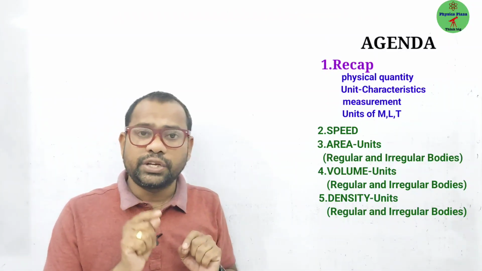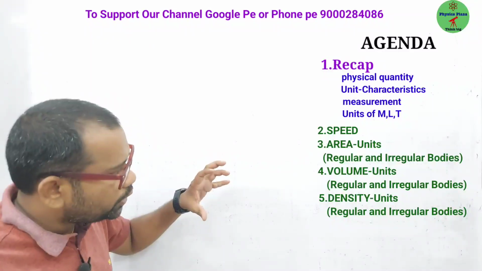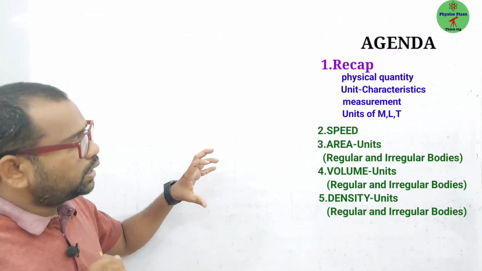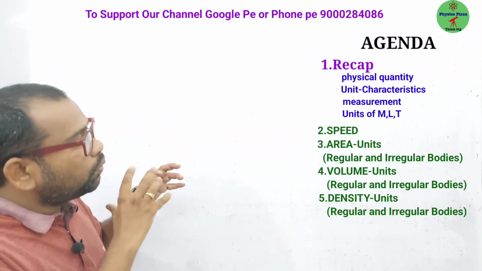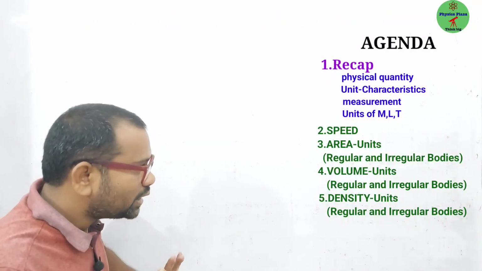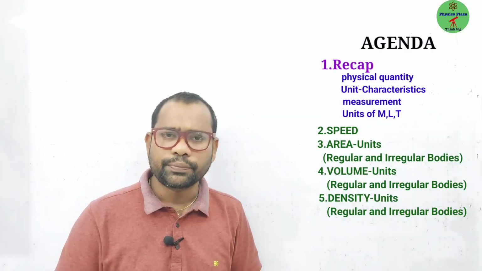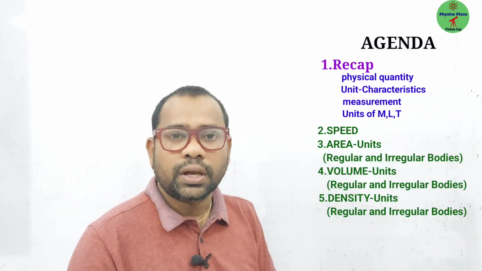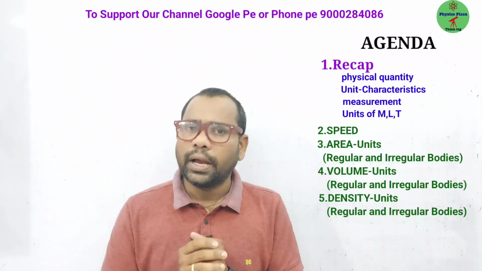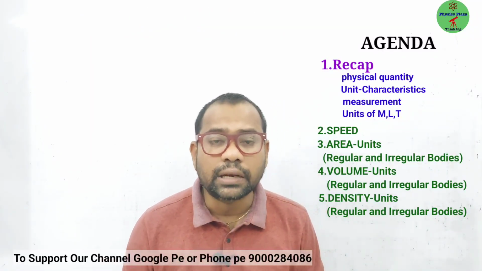Once we complete area, we discuss volume: what is volume, volume units, and the volume of regular and irregular bodies. The last topic is density: density units and conversions, and how to find the density of regular and irregular bodies.